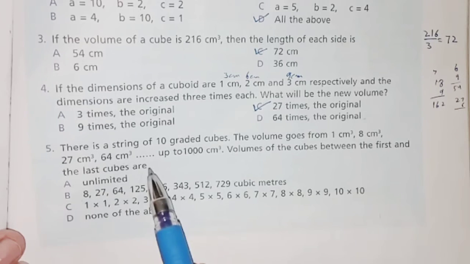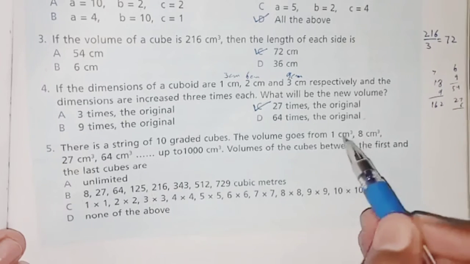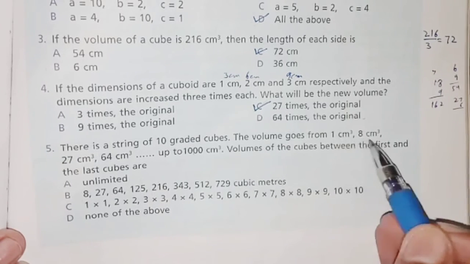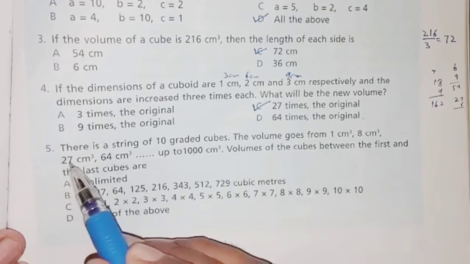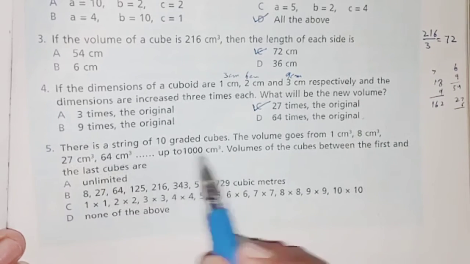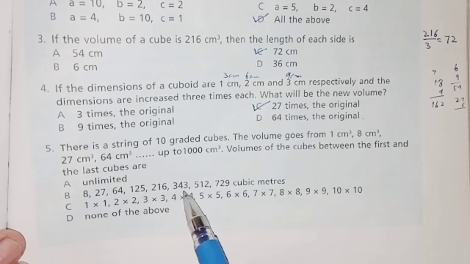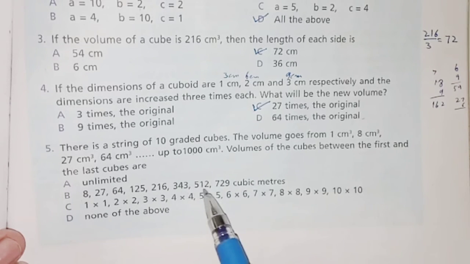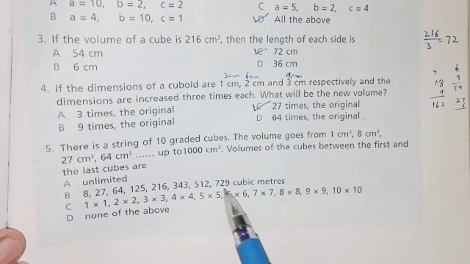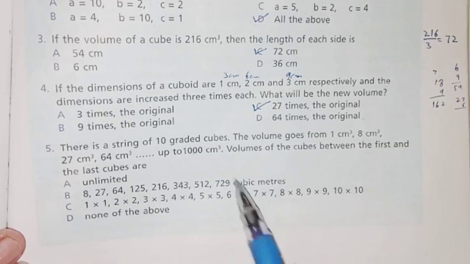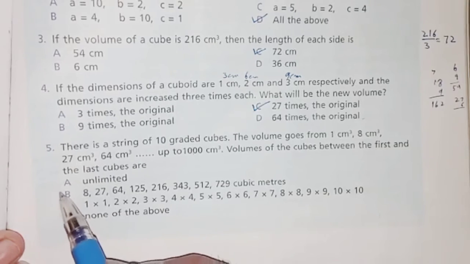All these values are multiplied 3 times. For example, this is the cube of 1, this is the cube of 2, this is the cube of 3, this is the cube of 4. Next will be the cube of 5, the cube of 6 is 216, the cube of 7 is 343, the cube of 8 is 512, the cube of 9 is 729. So option B is correct.